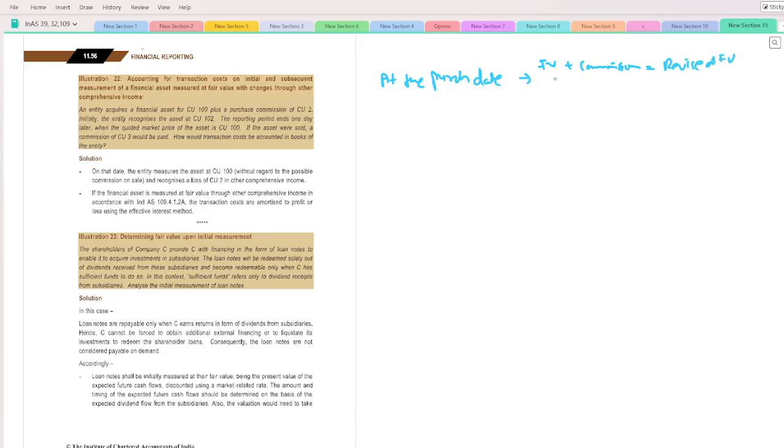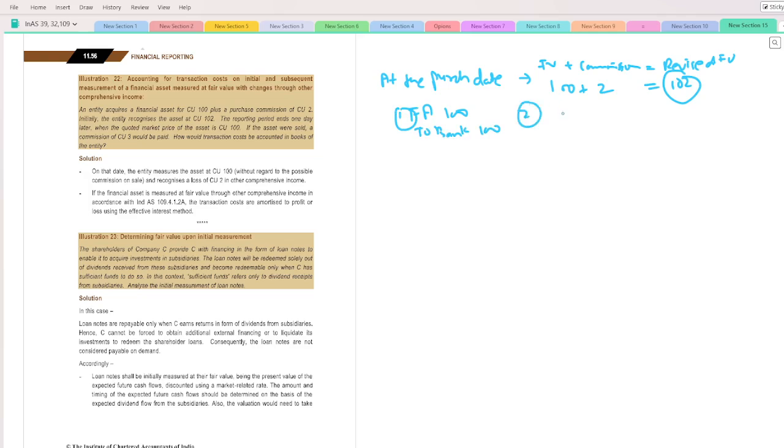So that means 100 plus 2, it will be 102. The entry will be: financial asset 100 to bank 100, first entry.